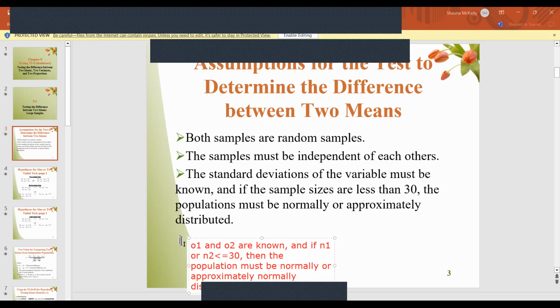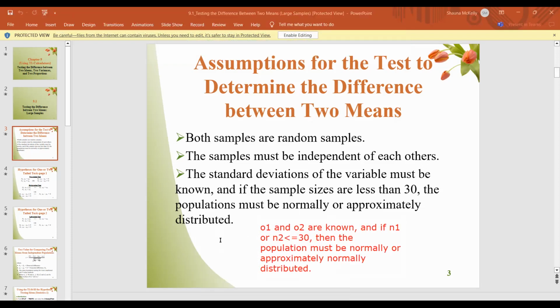That's the short version of what's on the screen. It's the same thing. It just saves you from having to write the standard deviation and the sample size over and over again.